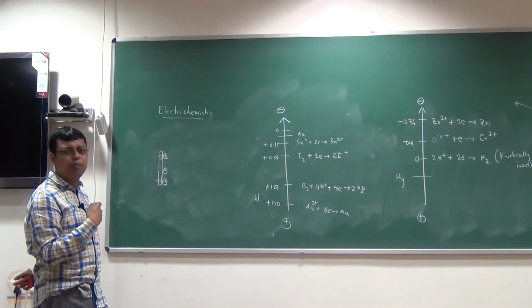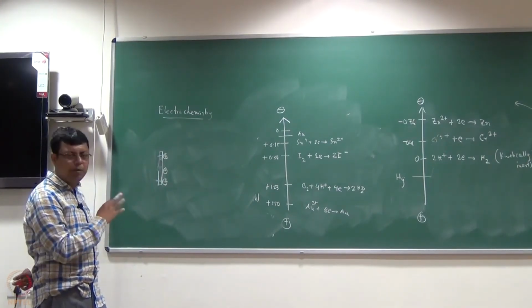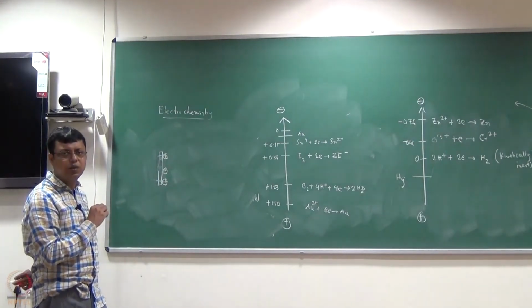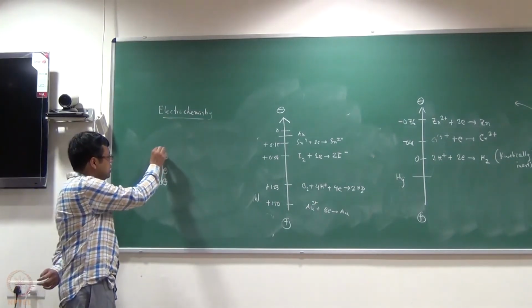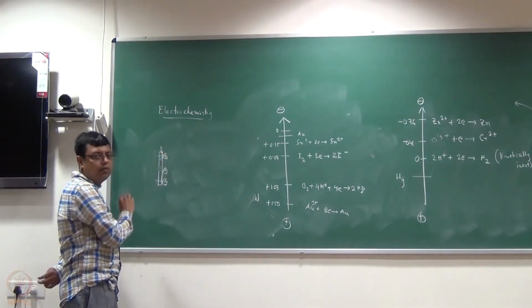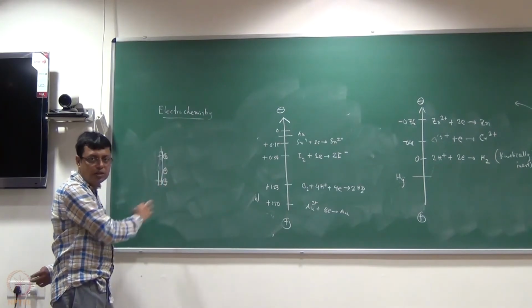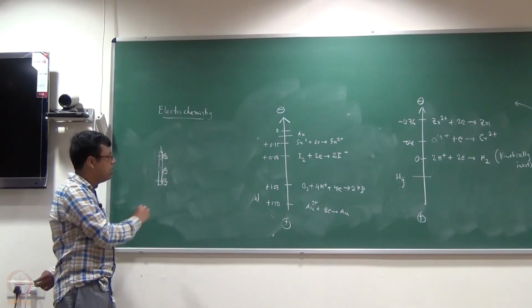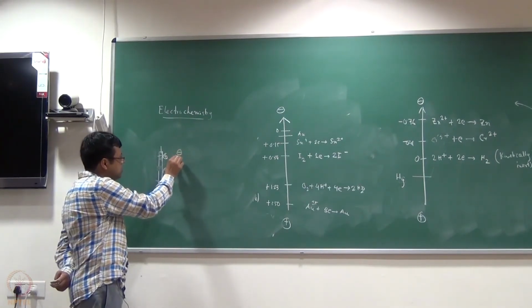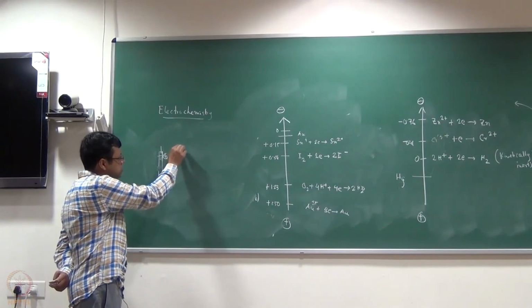Suppose positive, it can be positive, it can be negative, whatever it is. So what I'm trying to say is that suppose the electrode at that time is a negative electrode. Then the positive ions are basically more on the surface of the electrode. And there are also negative ions which are solvated negative ions.